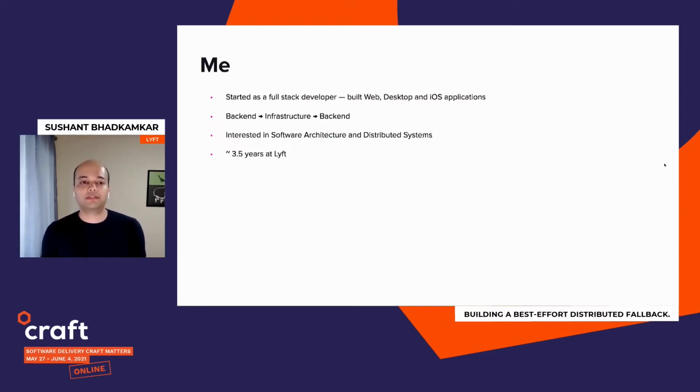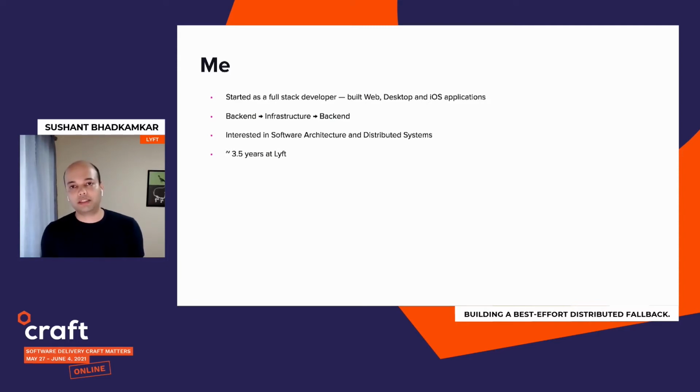So a little bit about me. I started as a full stack developer. I've built web, desktop, and iOS applications in the past. So I like thinking about products or features end to end and designing them end to end. I later moved to more of a backend role, worked on a few products, and then when Kubernetes started becoming popular, I was interested in that, so I joined infrastructure teams and helped build Kubernetes stack at a few companies.